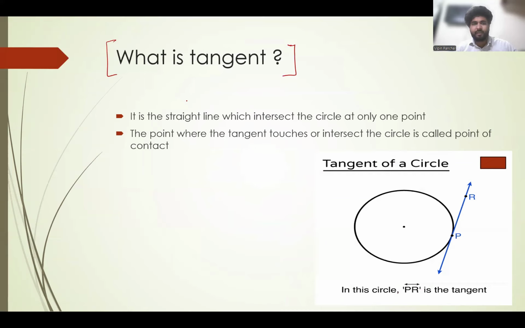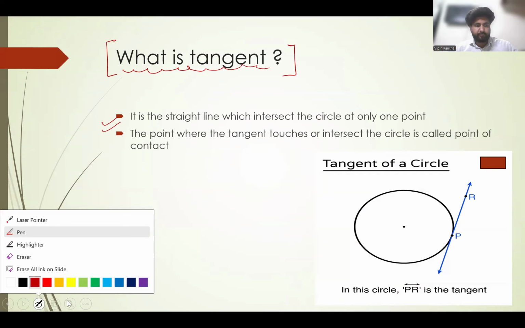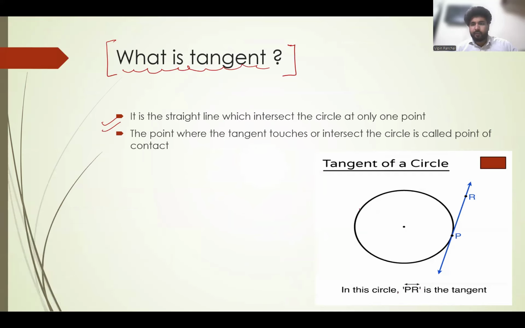Now we have to discuss what is a tangent. The definition of a tangent is a straight line which intersects the circle at only one point. You can see, if I make a circle, okay, and if I draw a straight line which touches the circle at one point, this line intersects the circle at only one point.